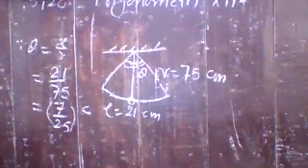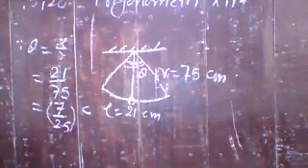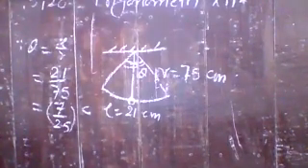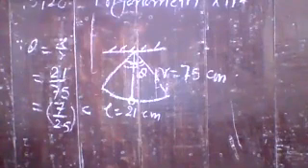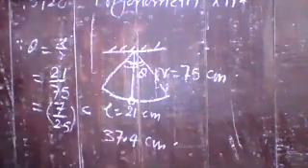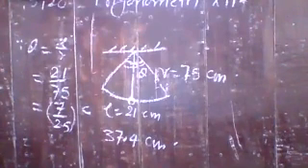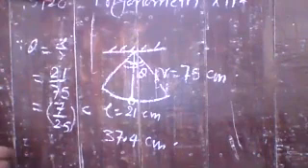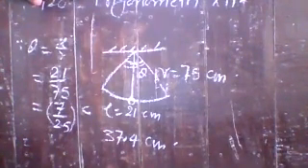Find the radius of the circle in which a central angle of 60 degree intercepts an arc of 75.4, or sorry, 37.4 centimeter in length. Yes, note it. Use pi is equal to 22 by 7.